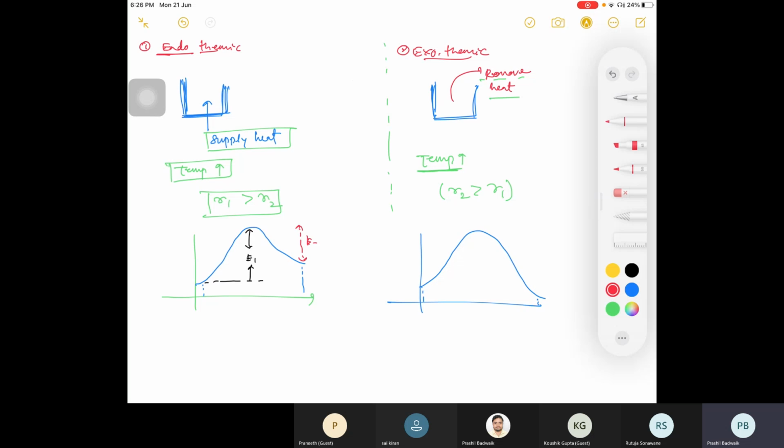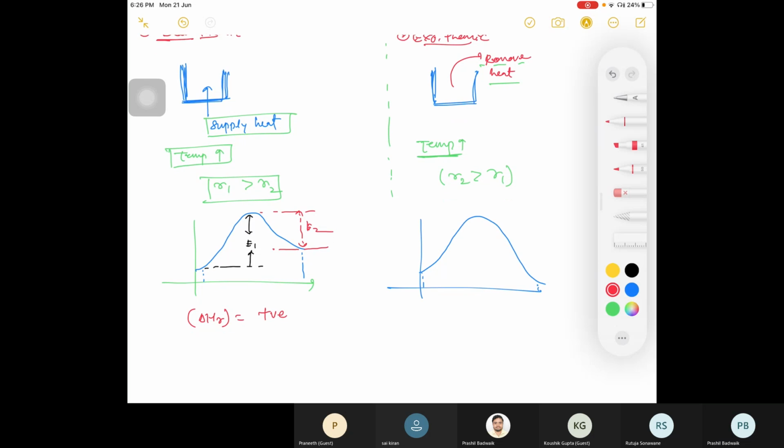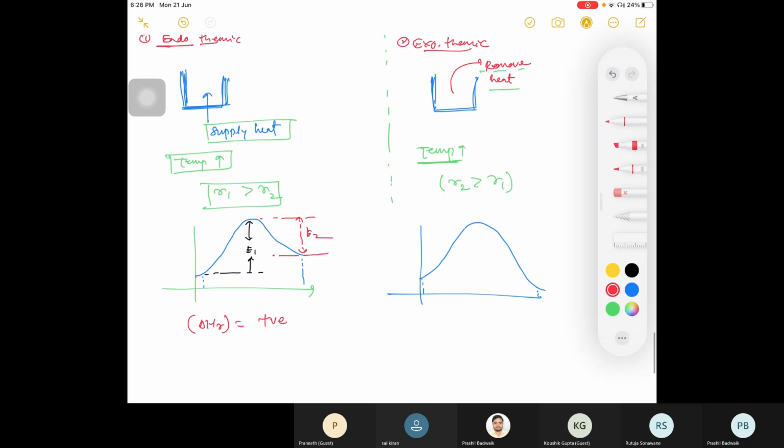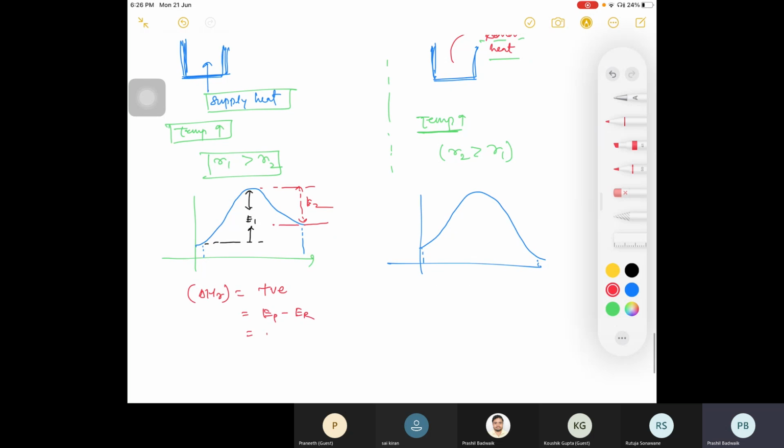This is your E2. Right? Your delta H of reaction is positive, which is equal to energy of product minus energy of reactant, which is also equal to your E1 minus E2. Am I correct? What is E1 and E2 here?